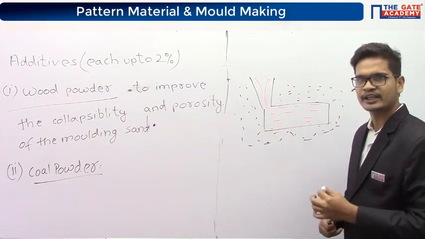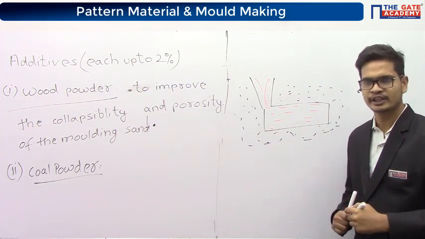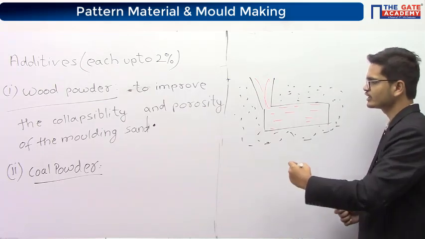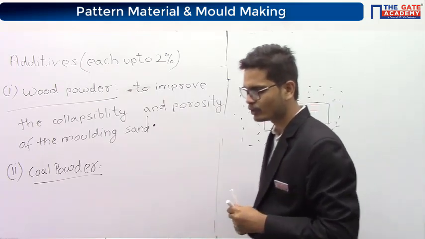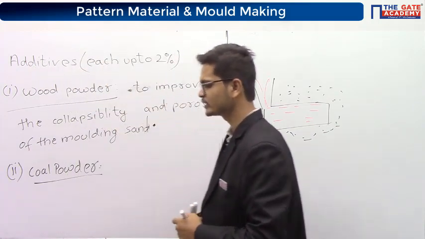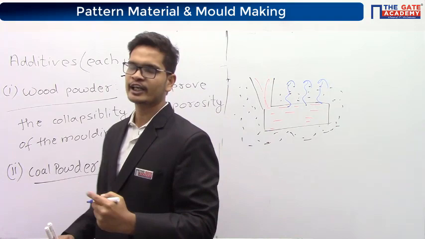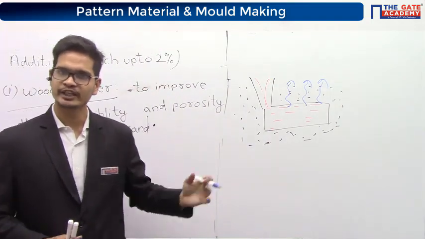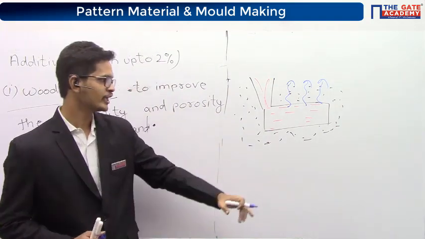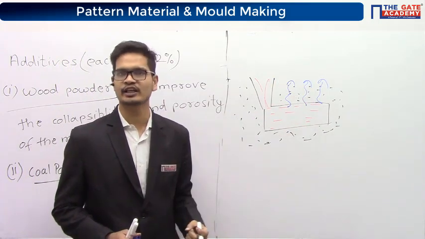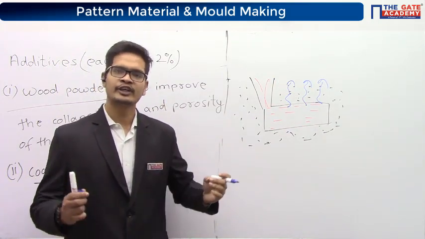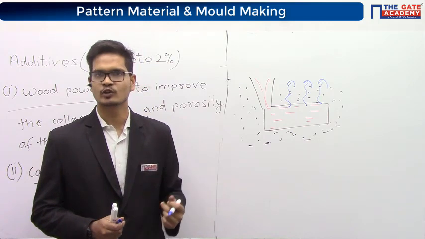That air will try to escape. From where will it escape? It will escape through the molding sand. If the porosity of the molding sand is not good, the air will not be able to escape from the cavity. It will get trapped inside the casting and become a part of the casting. This is also a defect.